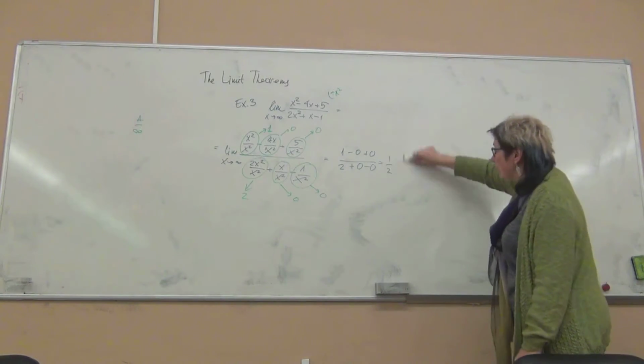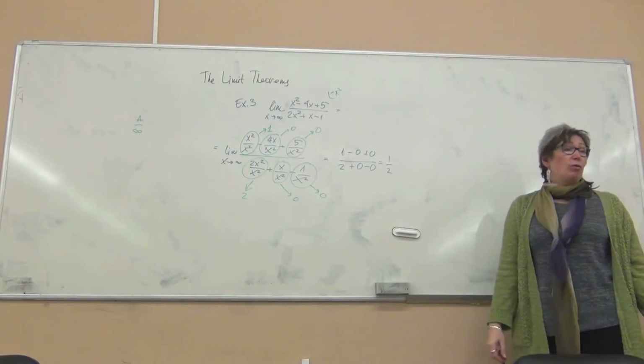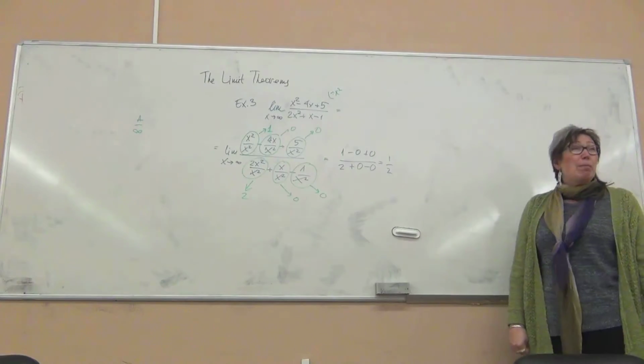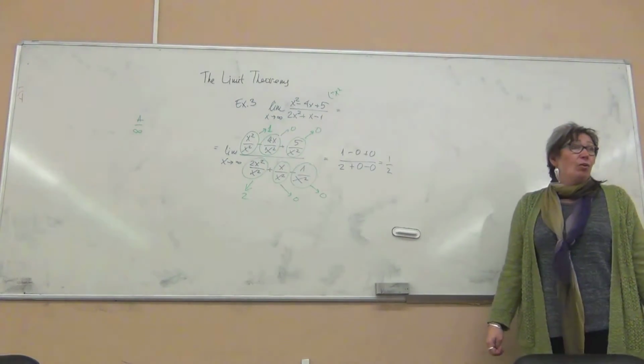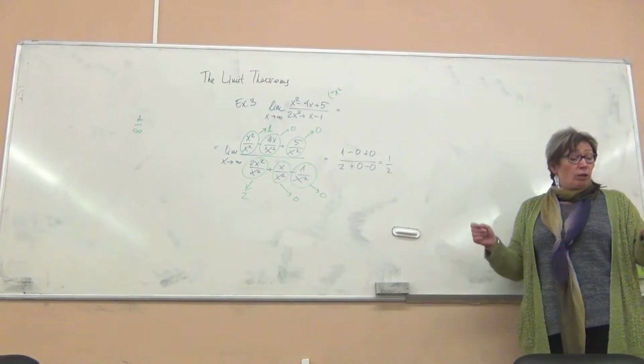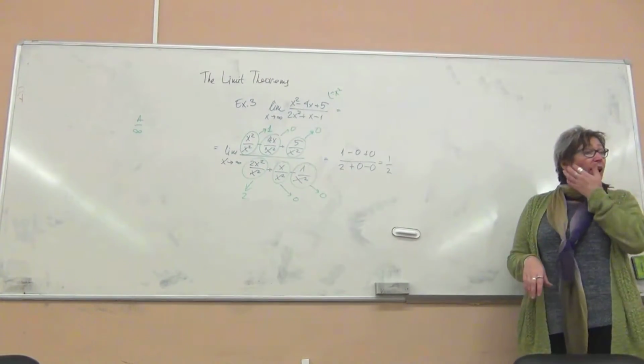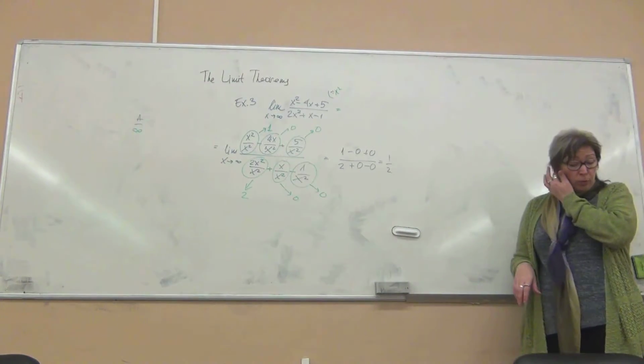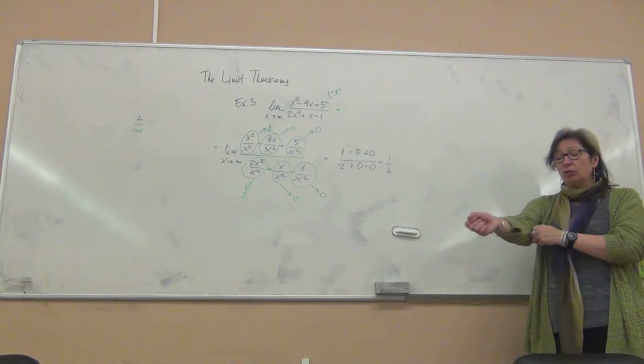I didn't show you example number 1 because this is one of those situations where we simply put in the x value and we get a nice limit value. Sometimes we do just that. We simply find the value of the function, especially if this function is continuous at that point.